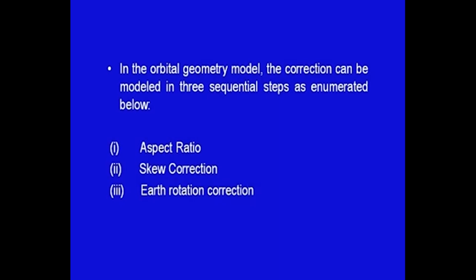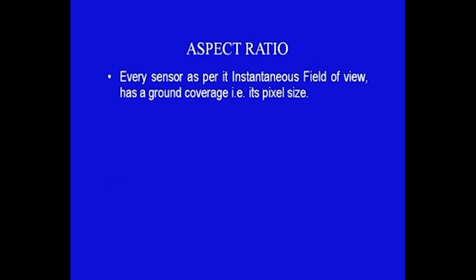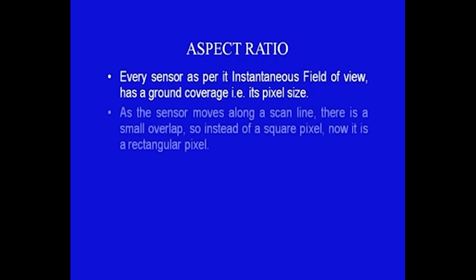Aspect ratio. Each sensor, as per its instantaneous field of view, has a ground coverage which is known as its pixel size. As the sensor moves along a scan line, there is a small overlap. So, instead of a square pixel, it is now a rectangular pixel.